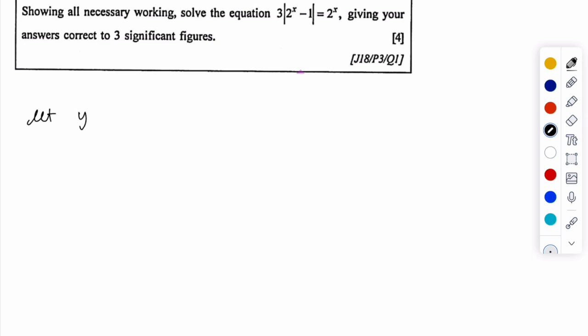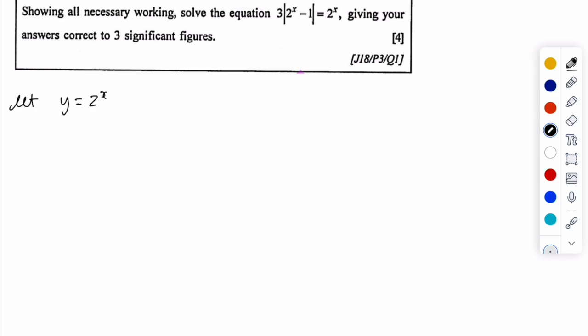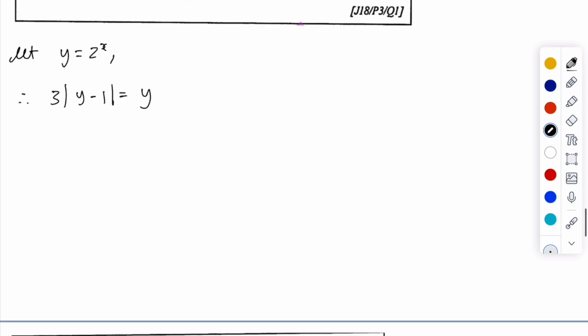y equal 2 to the x. Okay. So therefore, what do you have? If we're letting y equal 2 to the x, therefore we have 3 times the absolute value of y minus 1 equaling y, right? And so what we can do now is square both sides.